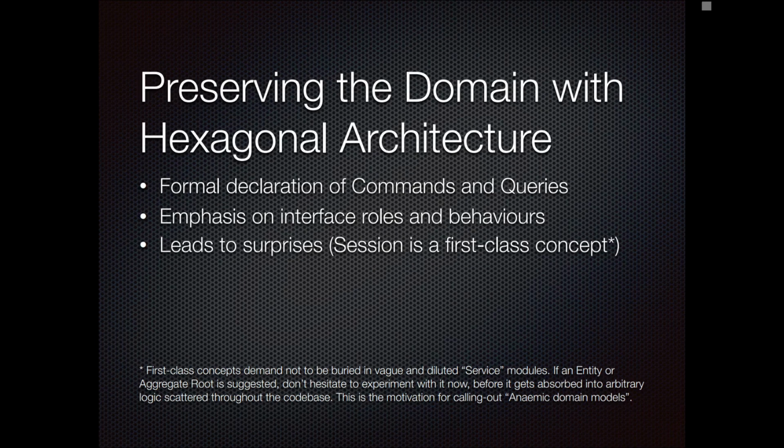And the way we're going to do this is we can get the code example open now. All of what I just said about strategic and tactical will probably be a lot clearer, but we're going to try to preserve all of these domain things by using this hexagonal architecture. This is something that goes extremely well with domain-driven design if it's done from the beginning. I find it works very, very well.